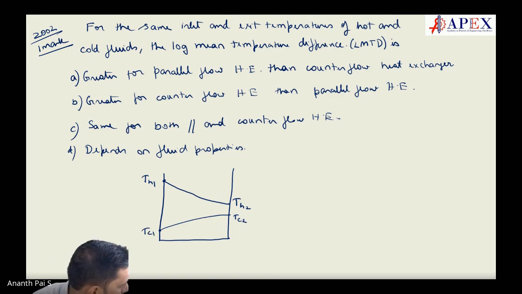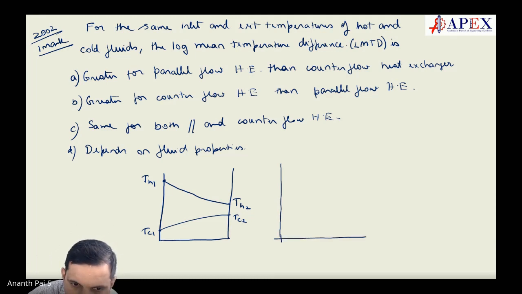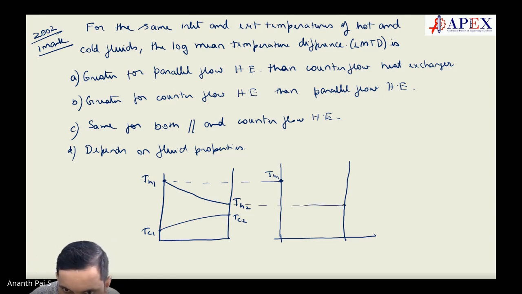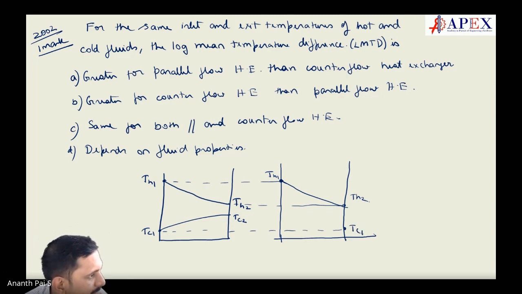This is parallel. Counter flow, you have to write in such a way that TH1 is the same TH1 and TH2 is the same TH2, and TC1 is the same TC1. Same inlet and exit temperatures of hot and cold fluids. This is what I assume.